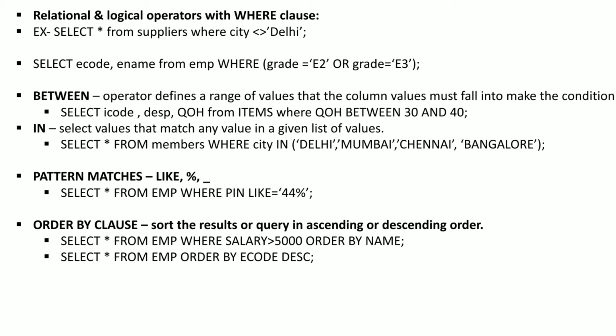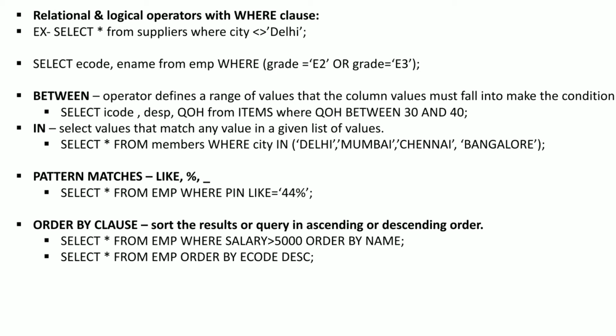It shows the tables. If you have the table, then it shows the type of data that you wanted. Then the IN operator selects the values that match any value in a given list of values. In the specified list, the IN operator searches, and if the values are matched, then it shows the list from that database.